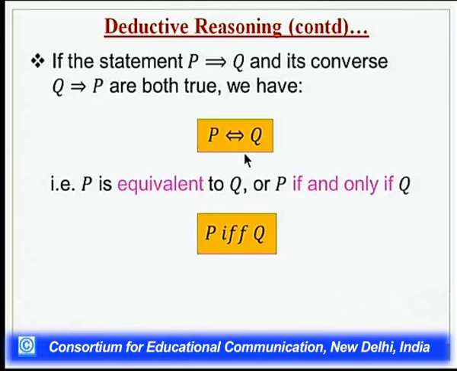Proposition P is equivalent to proposition Q, or in terms of the terminology that we use in logic, we say P if and only if Q. And please note here that when I say P if and only if Q, to represent that P and Q are equivalent, this is also written as P iff Q. Whenever you see iff, this is to be read as P if and only if Q. So examples of equivalent statements would be as follows.